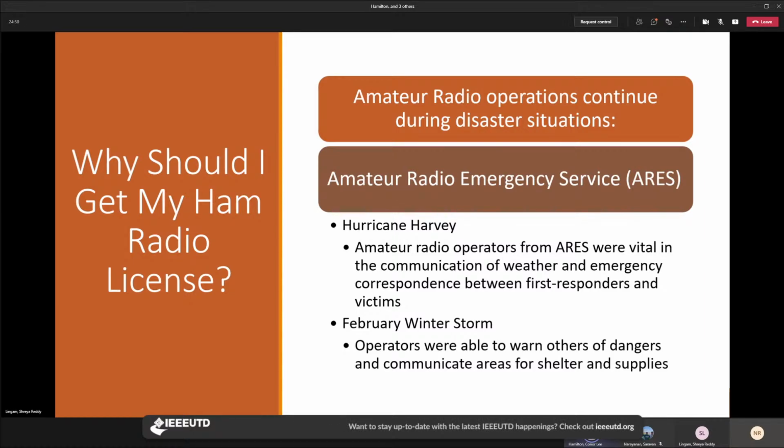And when Hurricane Harvey hit, and you guys probably remember, it devastated the entire southeast Texas. Well, amateur radio communities, especially like ARES, as I spoke about before, were vital in communicating between first responders and the victims of the disaster itself. And so they were able to help people seek shelter, help people to find supplies.